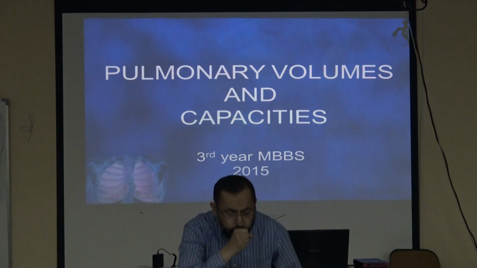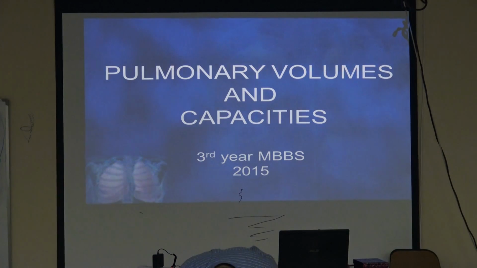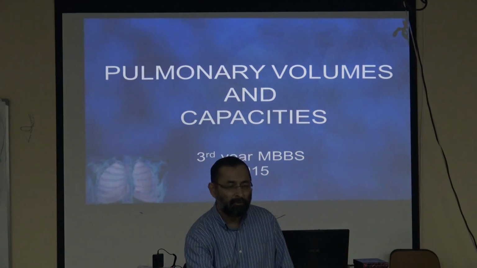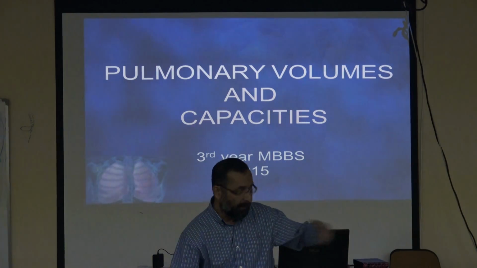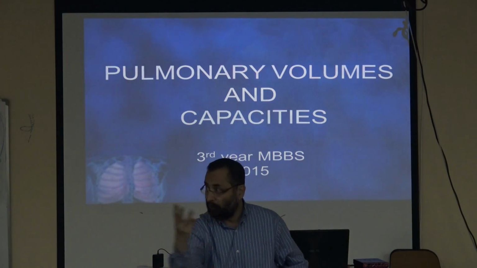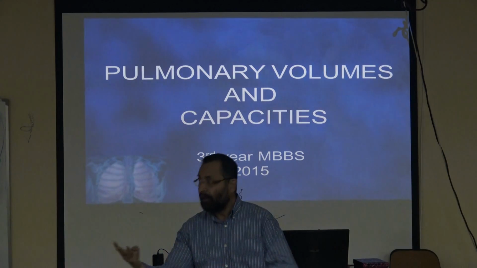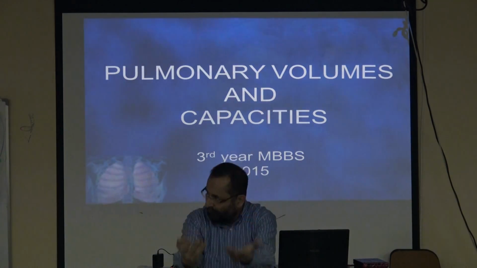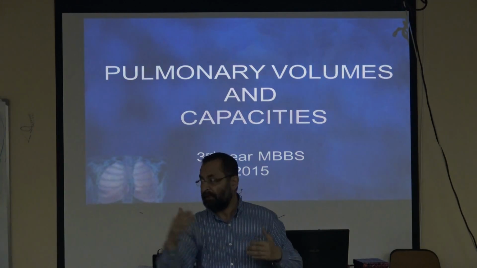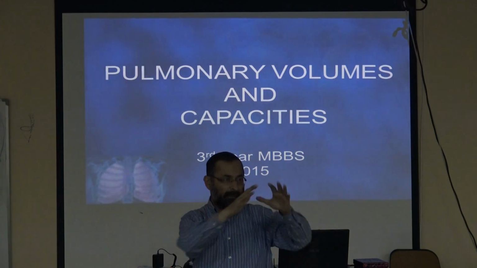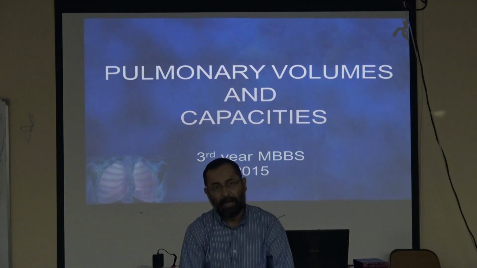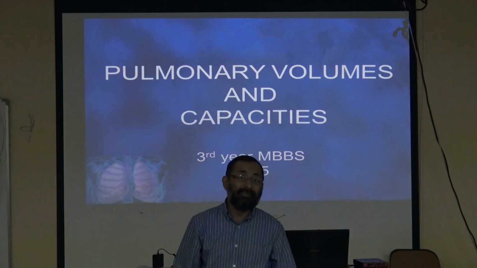Now, the maximum amount of air which is coming out of the system contains three volumes. Remember, three volumes, right? Tidal volume, inspiratory reserve volume, and expiratory reserve volume also. It's a big volume, okay? The overall vital capacity is big, and it is about 4.6 liters.